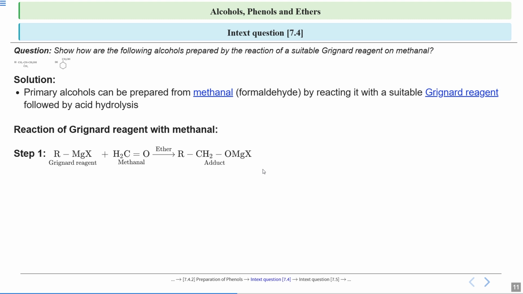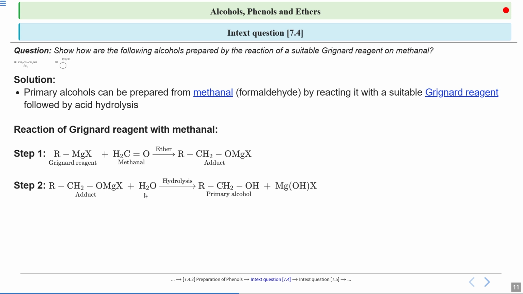Next step, what will happen? Hydrolysis will happen, so this adduct will be treated with water. Water gives H plus and OH minus. MgX has a partial positive charge, so OH minus will attack on this MgX group, and MgOHX separates.